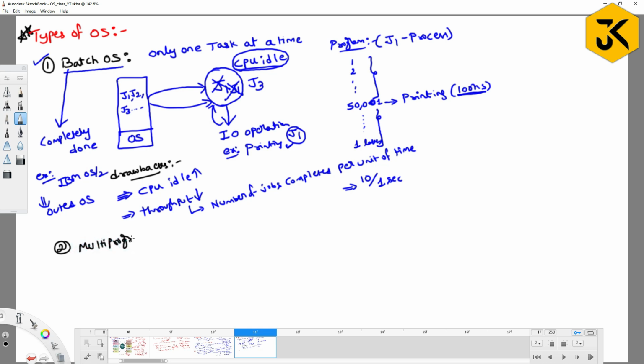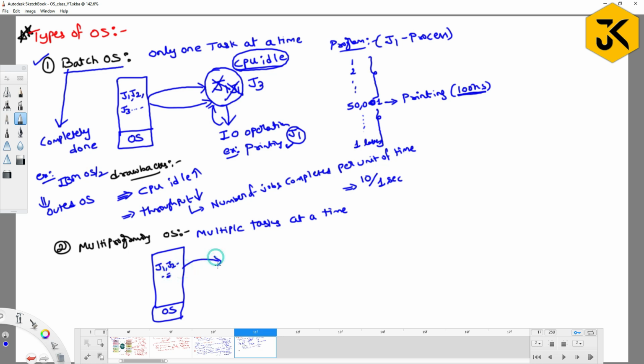multi-programming operating system. In multi-programming operating system, we are able to perform multiple tasks at a time. When a particular job is loaded, assume that OS is there, J1, J2 and so on are there.